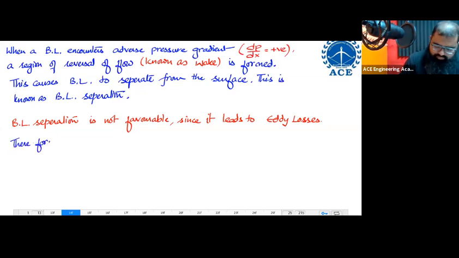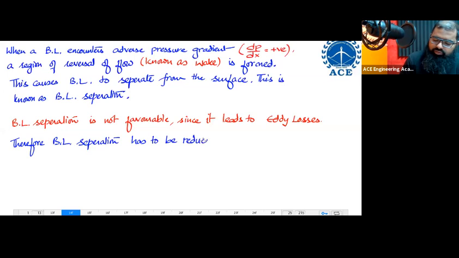Therefore, boundary layer separation has to be reduced. How to reduce boundary layer separation?